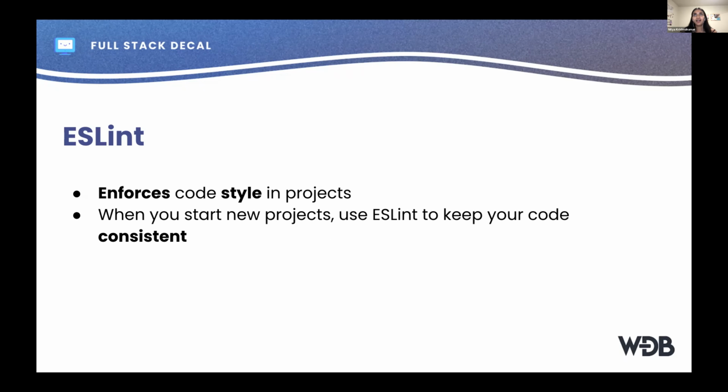You'll get ESLint errors if you break one of those rules, but it's enforced by ESLint itself, not by React. So you would need to have ESLint enabled to have it actually enforce rules on your code. This is generally used industry-wide because everyone has different styles of coding and we want to make sure it's all the same, especially when it comes to code reviews.